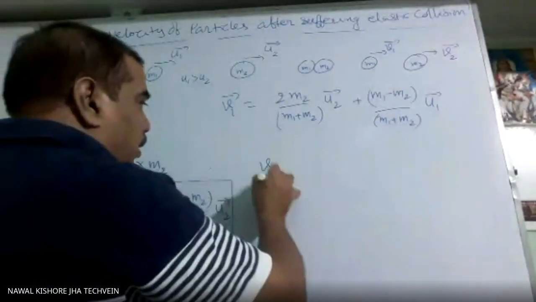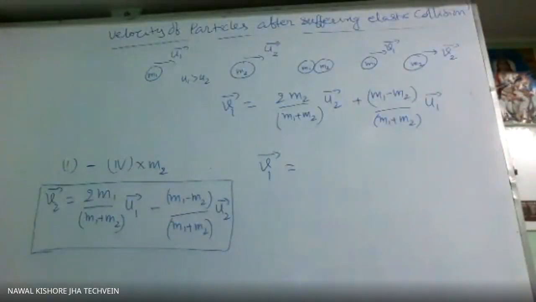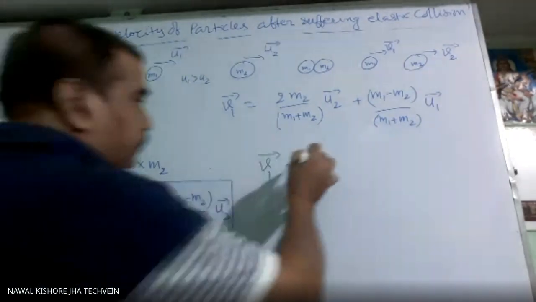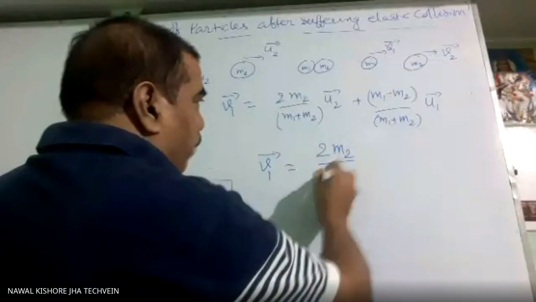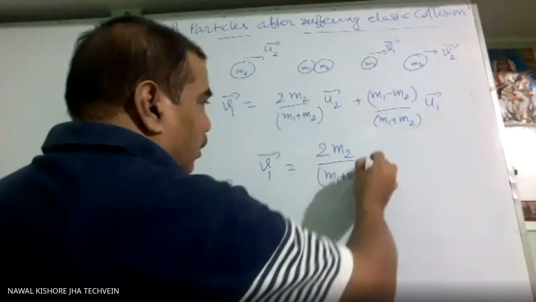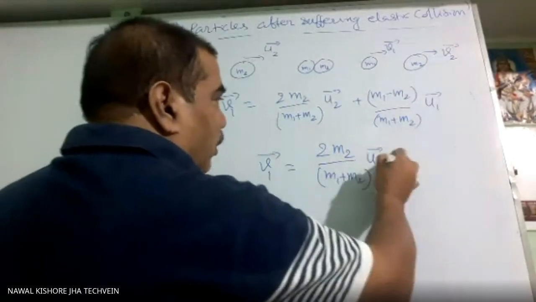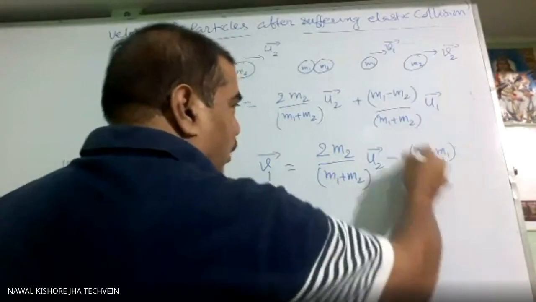So V1 is twice M2 by M1 plus M2 U2 minus M2 minus M1 by M1 plus M2 U1.